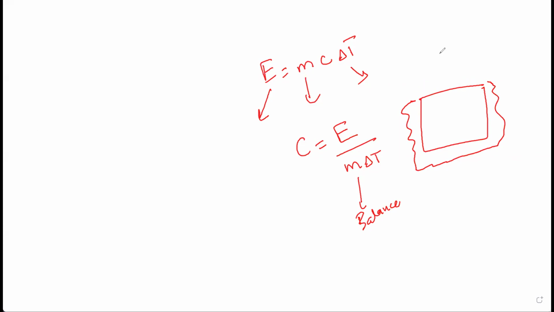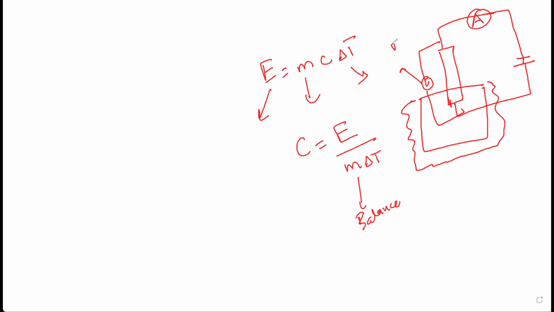We would attach a heater to it, and to the heater we would attach a battery, an ammeter and a voltmeter. The voltmeter would measure the voltage taken by the heater. The ammeter connected in series would measure the current, and we will use a stopwatch to find out the time.